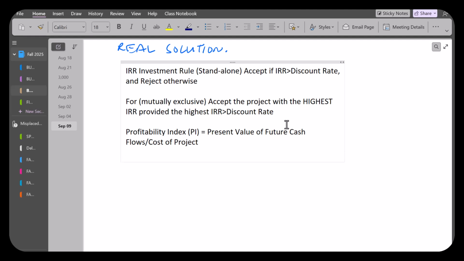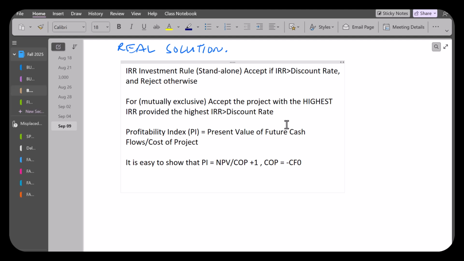We're basically asking the question, how much money do I get in the future per dollar of investment I made? And it's easy to show that PI is equal to NPV divided by the cost of the project, plus 1, where the cost of the project is negative CF0. So in that sense, there is no independent information that's not already contained in NPV, except this is a per dollar kind of measure.